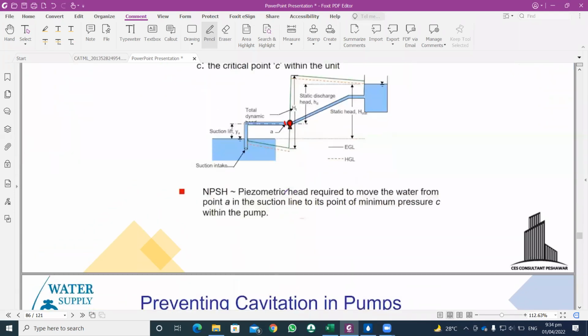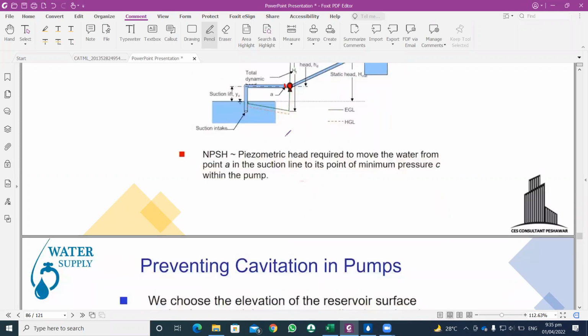So basically, it's the piezometric head required to move the water from point A in the suction line to its point of minimum pressure in the pump. The decrease of pressure mostly occurs in this region and greatly affects the pump. Therefore, the NPSH, the net positive suction head, should be such that it does not cause cavitation in the pump.